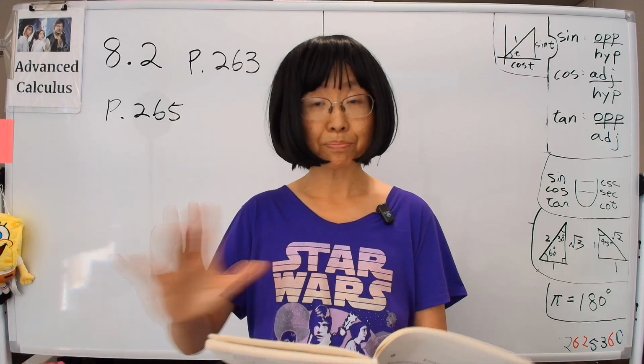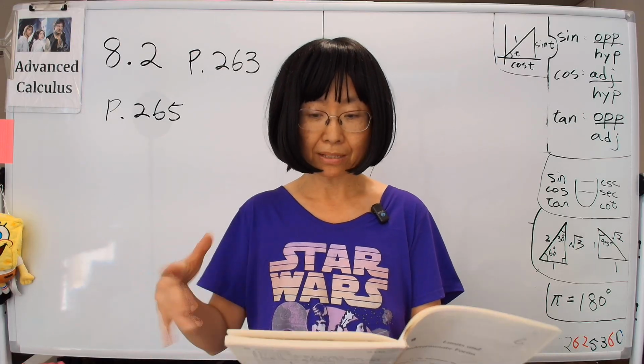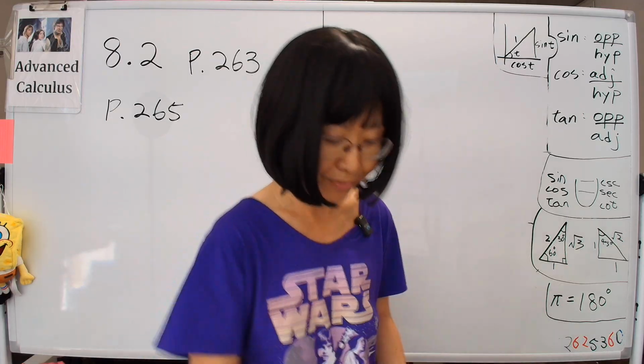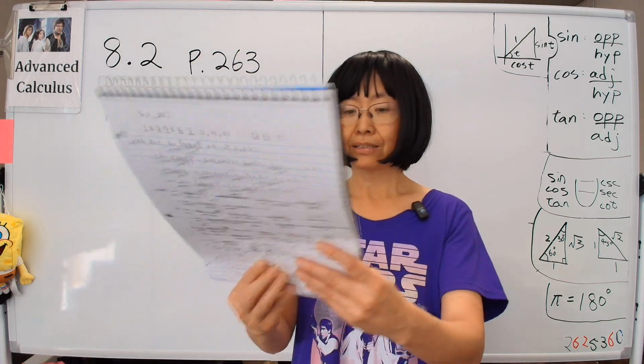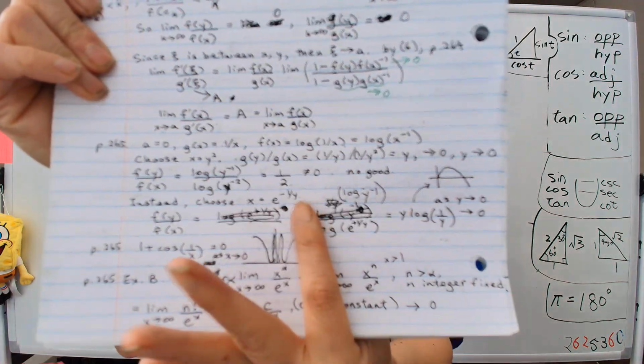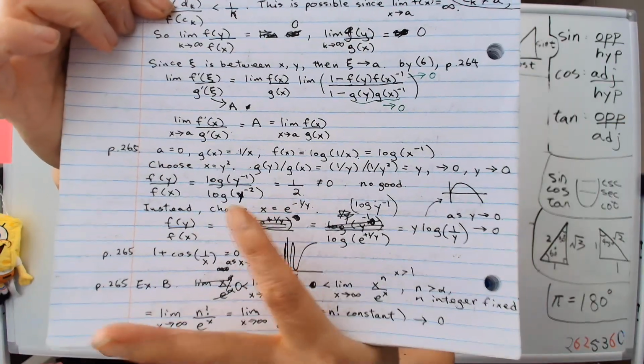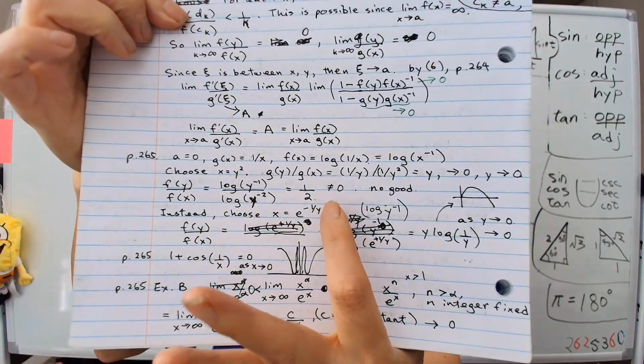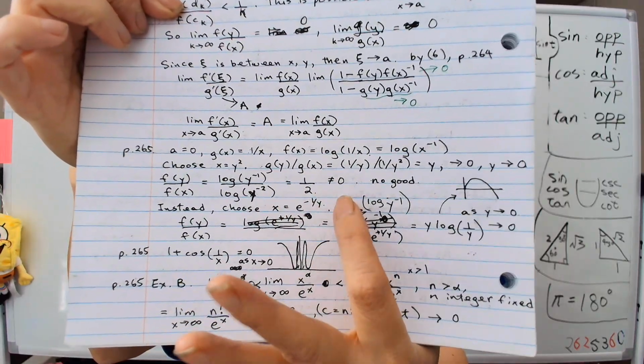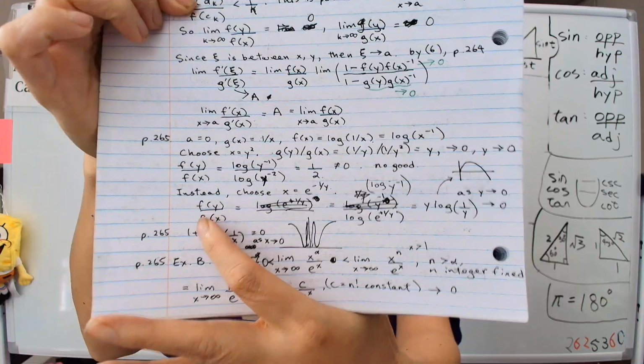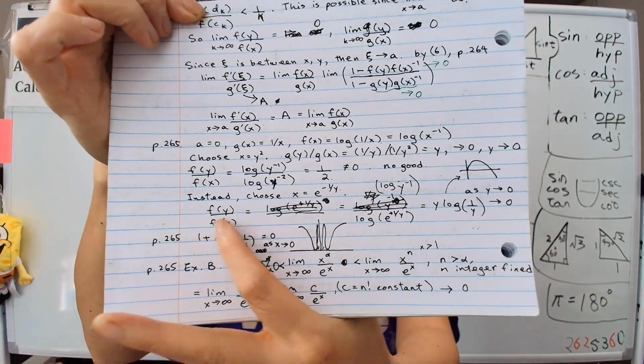And this picking of y and x, of course, depends on the functions f of x and g of x. I have done the f here, to confirm what the book says: setting x equal to y squared doesn't work for f, so we pick a different one, and you see that it does work.